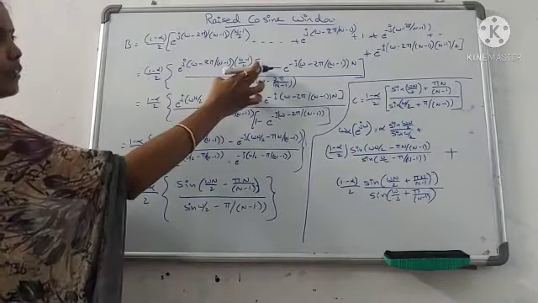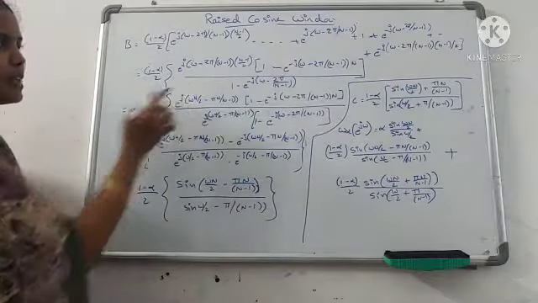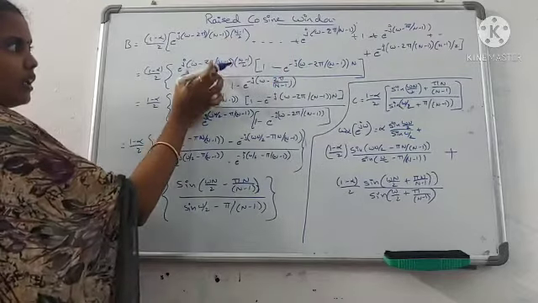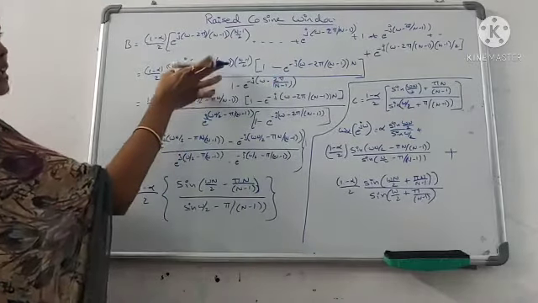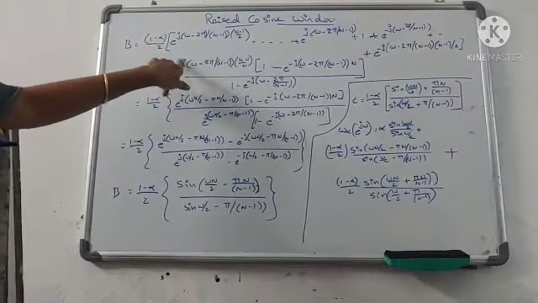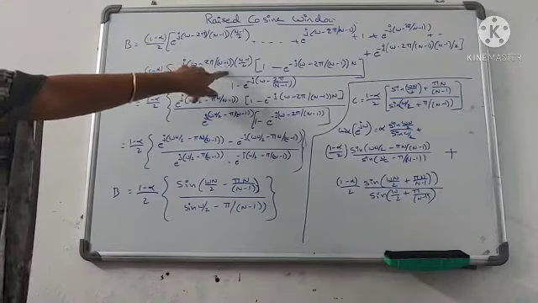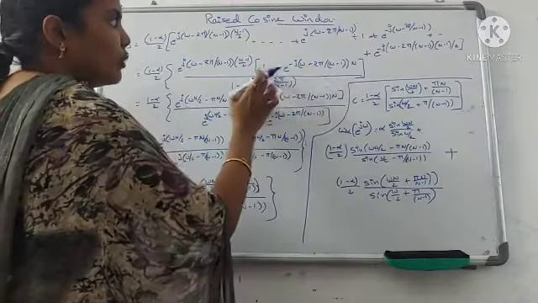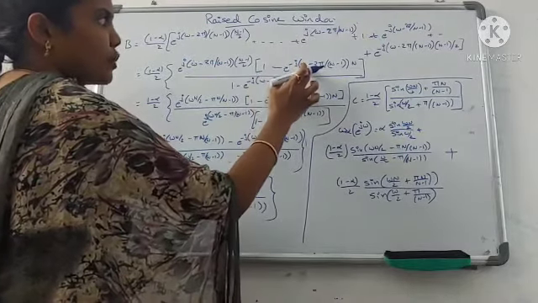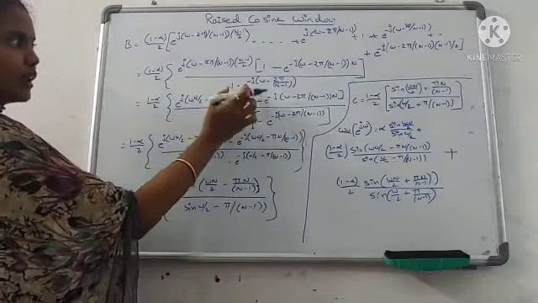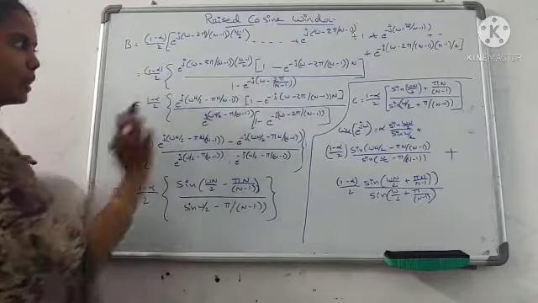You have to write 1 minus r power n by 1 minus r. Now common this term, e power j into omega minus 2 pi by n minus 1 into n by 2. Now after common you can get 1 minus e power minus j omega minus 2 pi by n minus 1 into n divided by 1 minus e power minus j omega minus 2 pi by n minus 1.